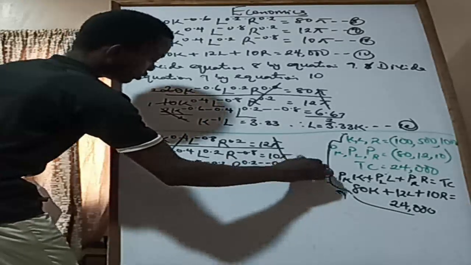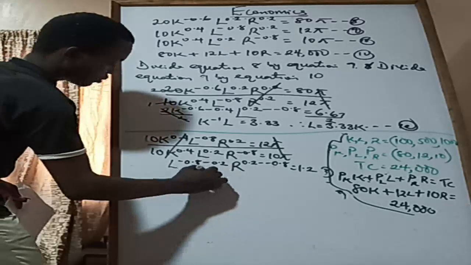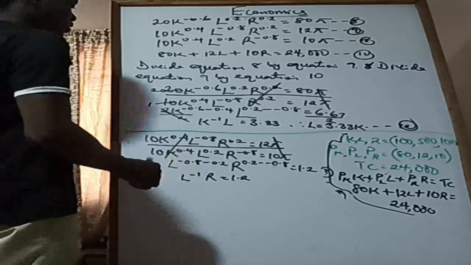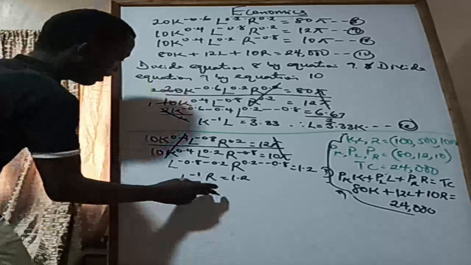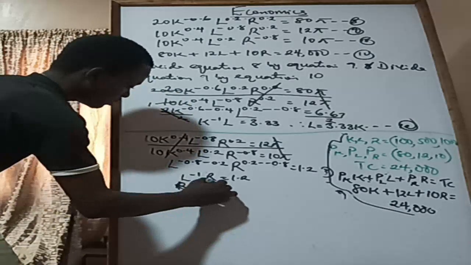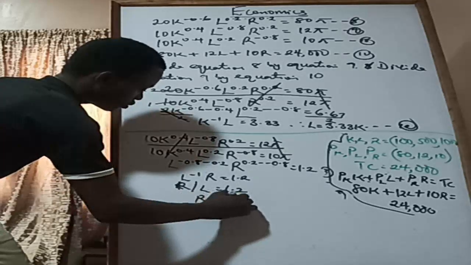Everything here gives me 1.2. So I have L raised to power minus 1, then R raised to power 1 equals 1.2. All right. So from here, let me make R the subject. R over L equals 1.2, so R equals 1.2L.